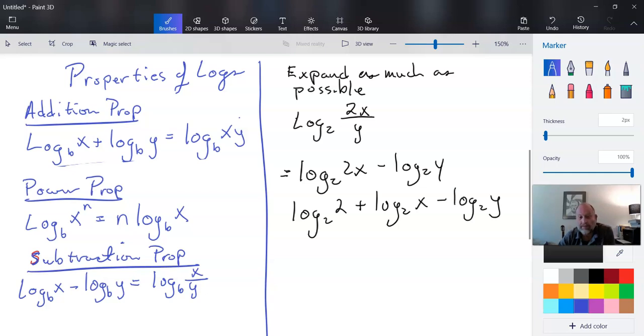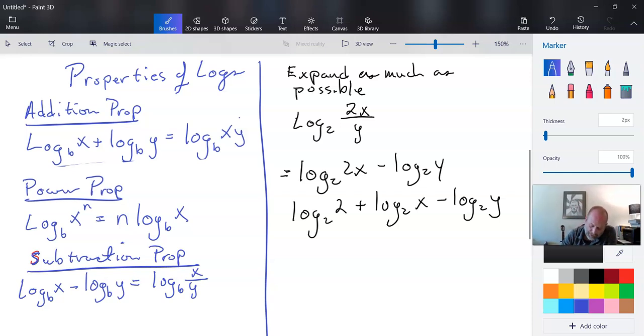Okay, now, under normal circumstances, we'd be done, but there's one log that has a number shoved into it. And if it's easy to compute, you should actually compute it. I'm not talking about being able to plug it into your calculator. I'm talking about just using normal properties of logs. Can you get that to be just an integer or an easy to read fraction?